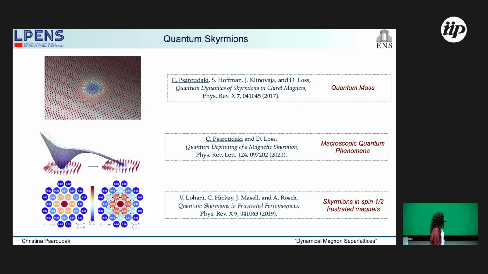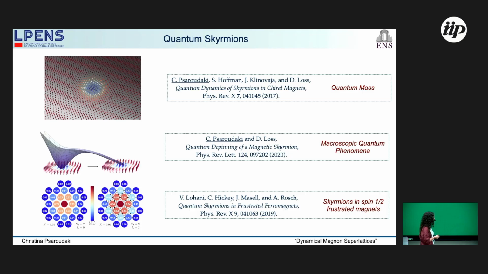So this is not the first time we are studying quantum behavior for skyrmions. In an earlier work of mine, when I was working in Basel, we established that even classical skyrmions are affected by quantum fluctuations, and quantum fluctuations can affect their motion. And we also established that the magnetic skyrmion can behave as a microscopic quantum particle. For example, we could observe microscopic quantum tunneling.